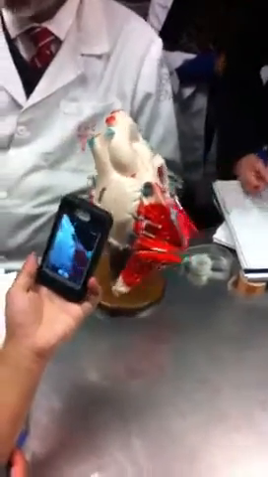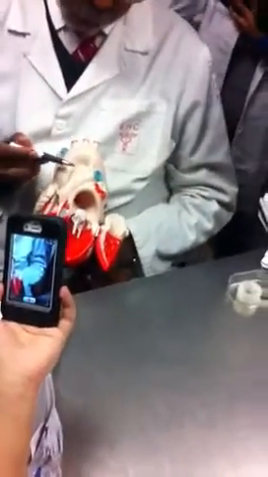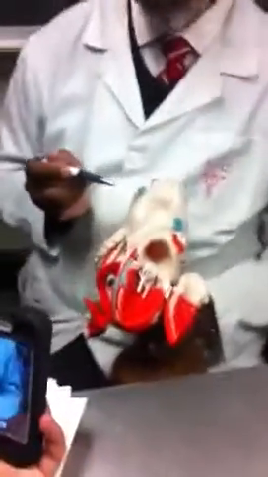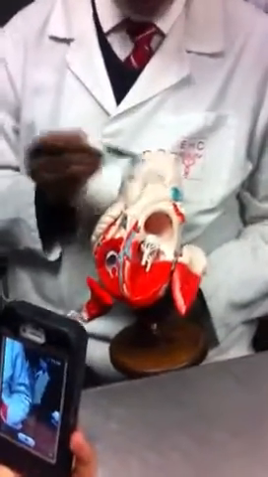Could you repeat that last statement about the pulmonary trunk? The ductus arteriosus will shunt blood away from the lungs by transferring blood from the pulmonary trunk to the aortic arch. And then, of course, when the baby's born, the ductus arteriosus closes, and this becomes the ligamentum arteriosum.